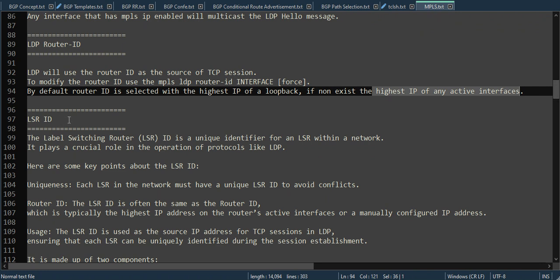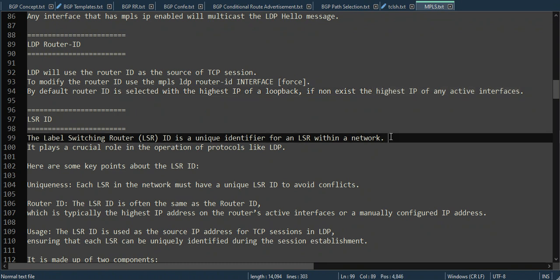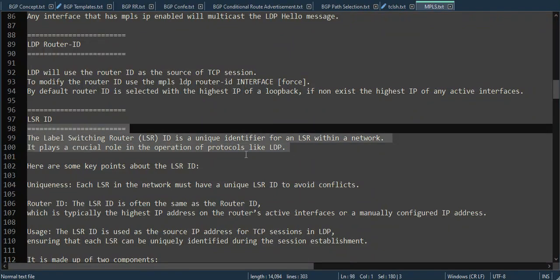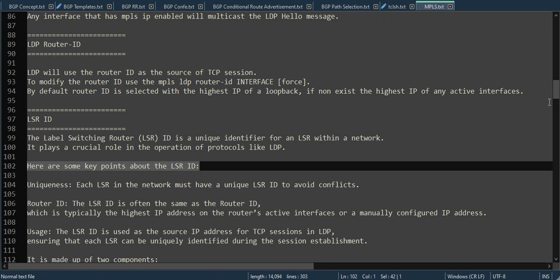The other one is the LSI ID. The label switching router, or LSI ID, is a unique identifier for the LSR within a network, and it plays a crucial role in the operation of protocols like LDP. Here are some key points about LSI IDs.